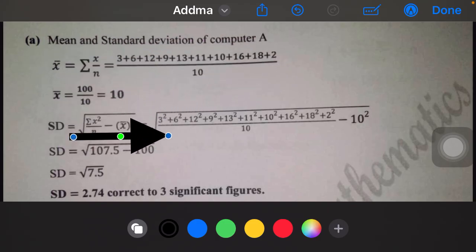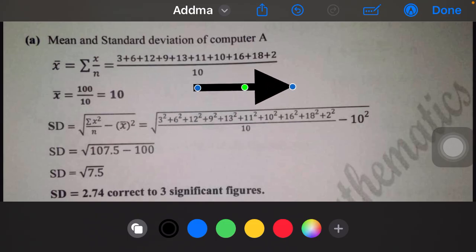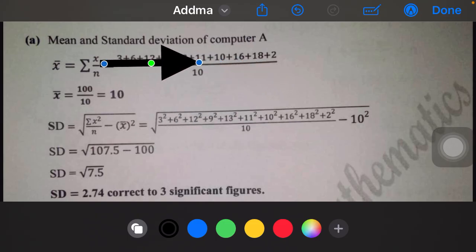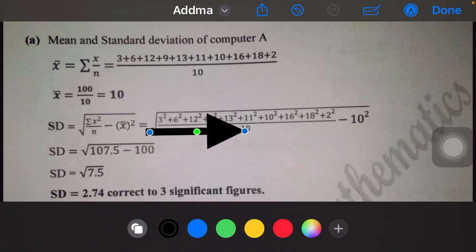It's exactly the same thing, which is also here. The only difference is that they have applied the power 2 to each and every term which is on top here. That's what you need to do. Then you divide by the same sum of frequency, which is what? 10. That's how you do it.